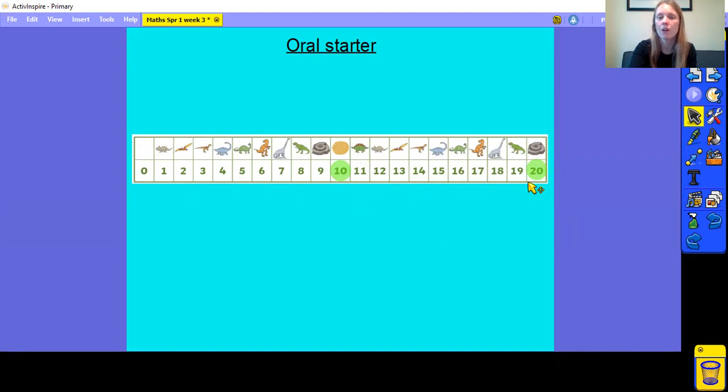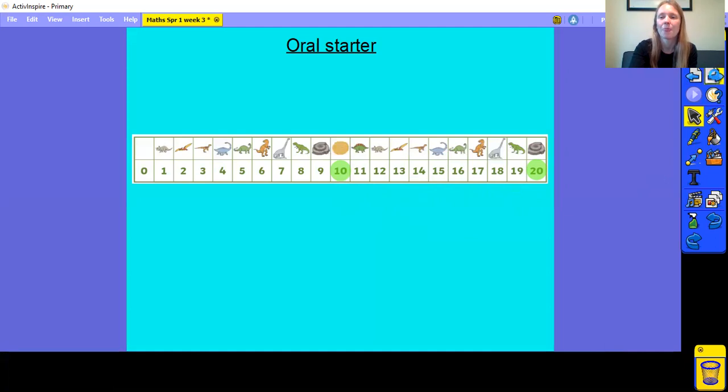This time we're going to count backwards, and that means our numbers are going to be getting smaller. Off we go. 20, 19, 18, 17, 16, 15, 14, 13, 12, 11, 10.